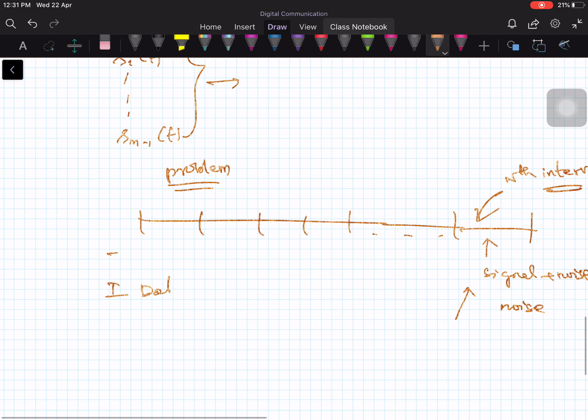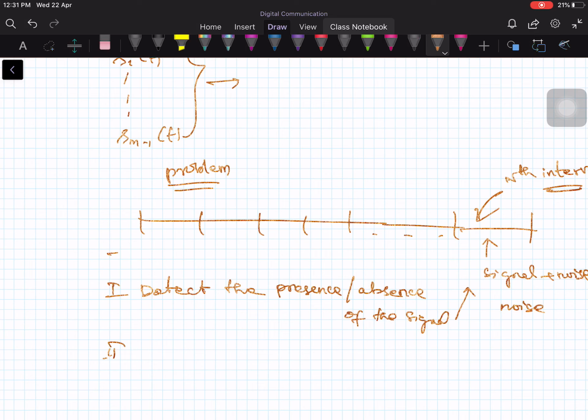So, detect the presence or absence of the signal. And the second is then find which signal was transmitted, that is, the presence of S0(t) or S1(t) or S2(t) or S_{m-1}(t).